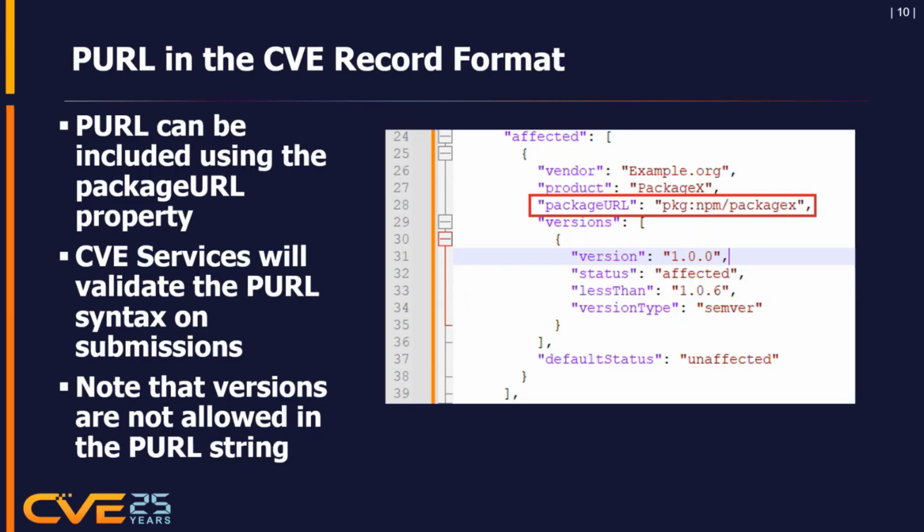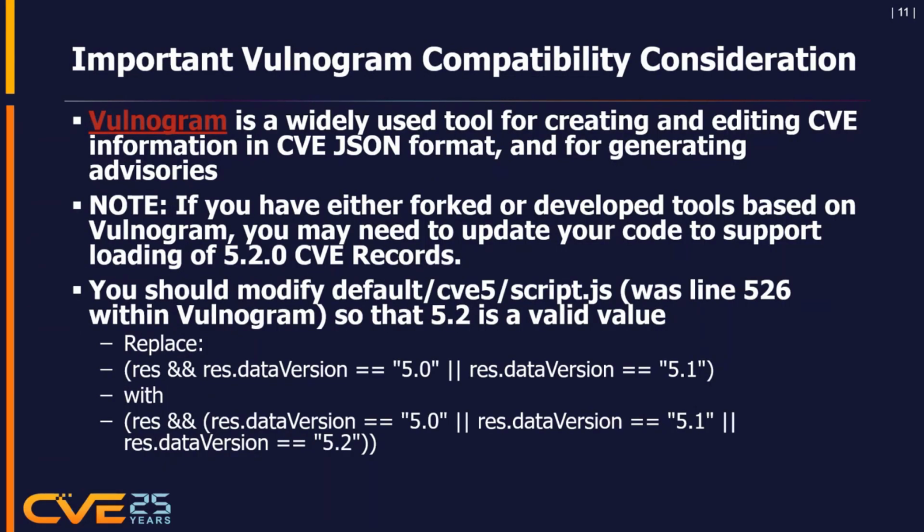So the way that you handle that with the package URL field is the same way that you would handle it with the existing identifiers, whether it's vendor and product or collection URL and package name, by having multiple entries in the affected array. Tomo, it sounds like we need to have an offline discussion about that just to make sure we understand exactly what you're thinking. All right. We'll get back to that or continue to hash it out, and I'll take a look as well once we're finished.